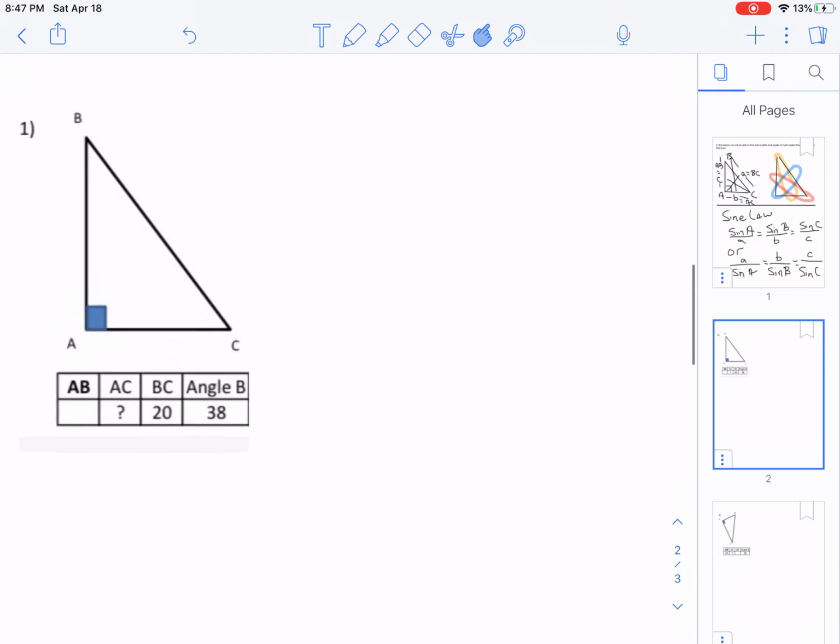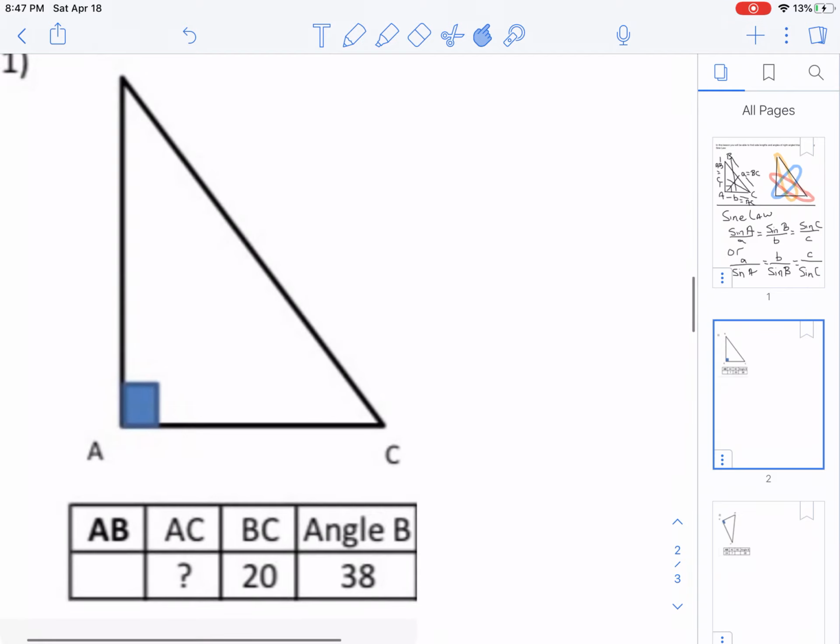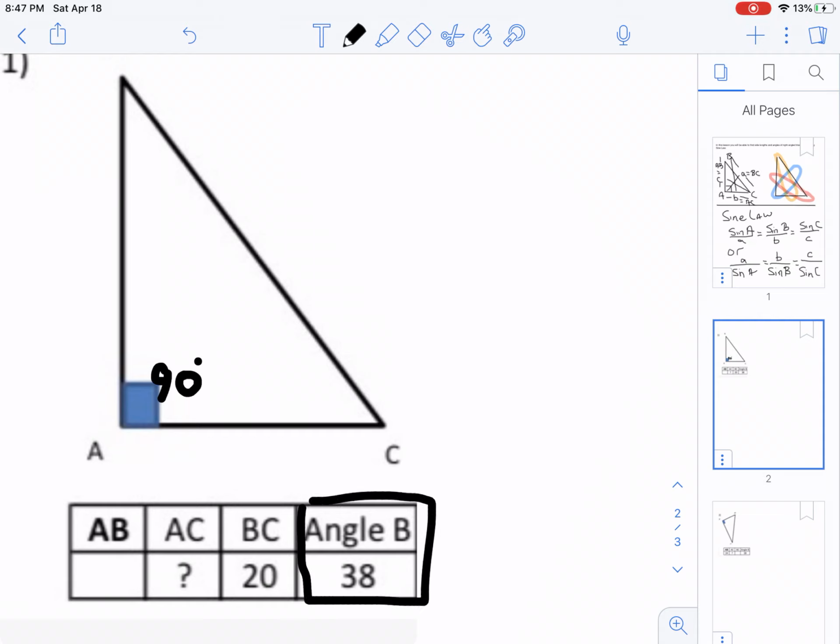So in our first example, we're going to look at this triangle, and we know that this square means that this angle is 90 degrees. It also tells us that angle B is 38, so we can put 38 degrees where angle B is. We can figure out what angle C is because we know every triangle is 180 degrees.